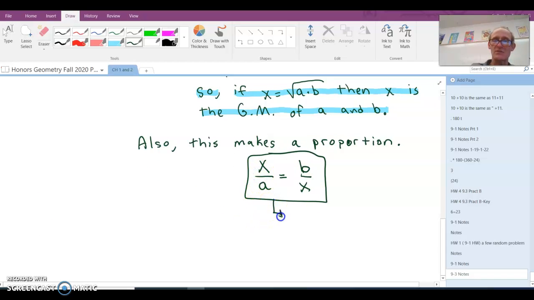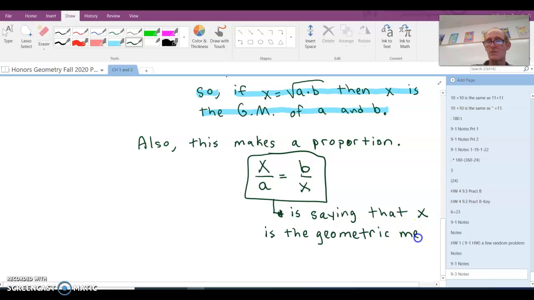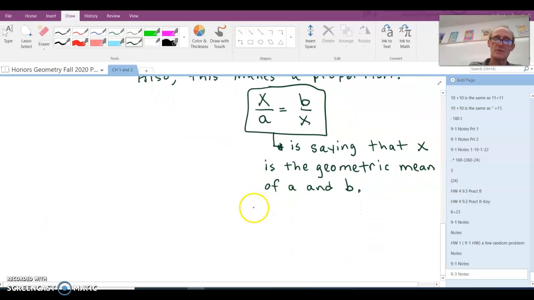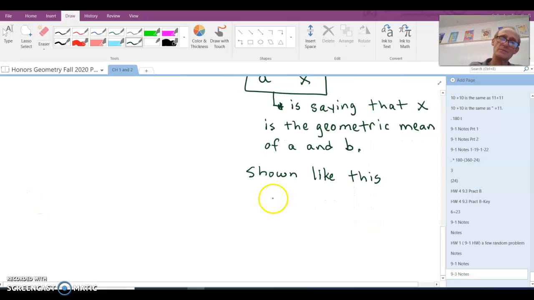This is saying that x is the geometric mean of a and b, shown like this. X over a equals b over x.